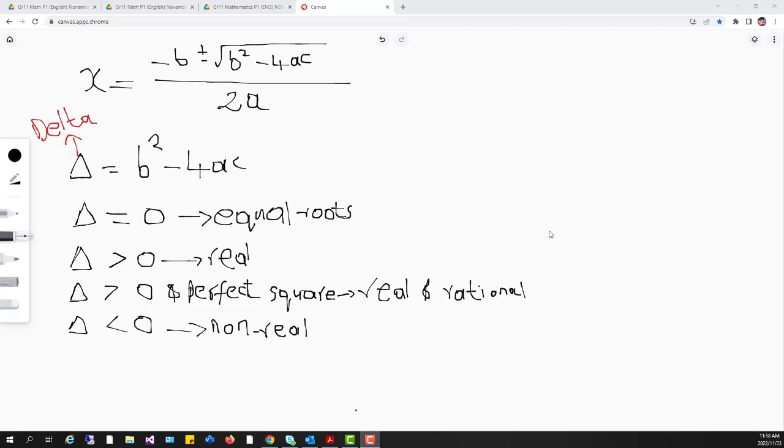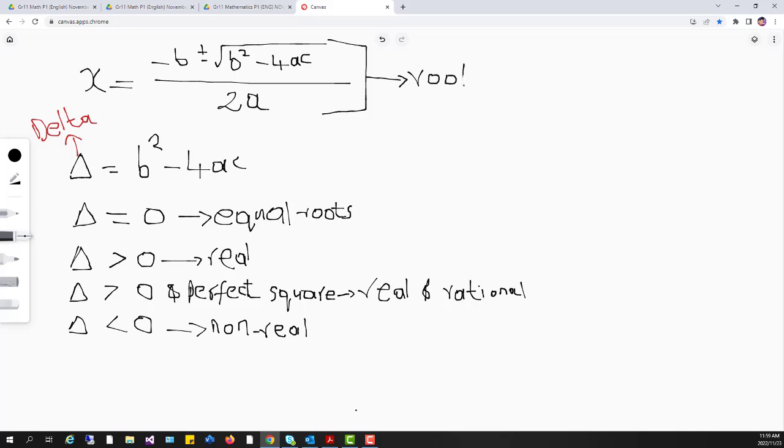Okay, we are now going to look at the nature of roots. You should remember that we derived a quadratic formula which helps us to find the value of x. Finding the values of x is the same as finding the roots of an equation.